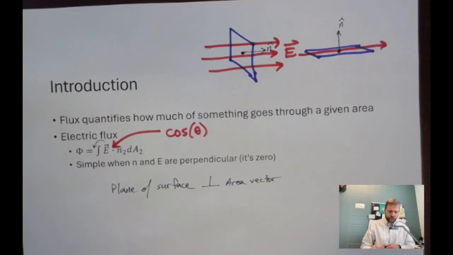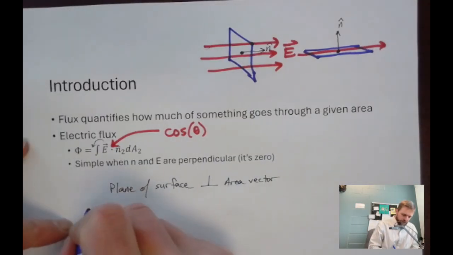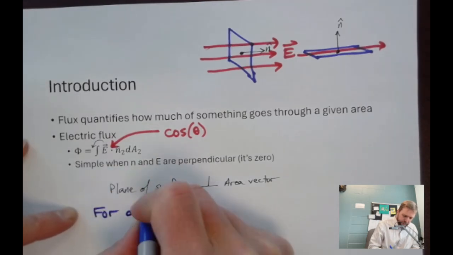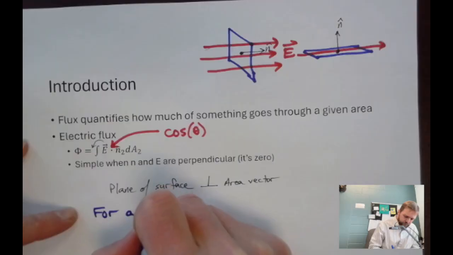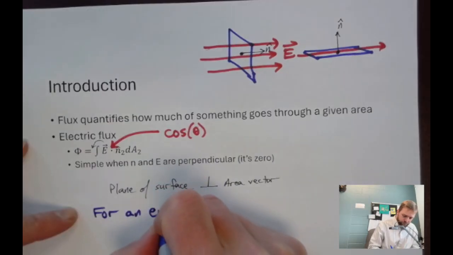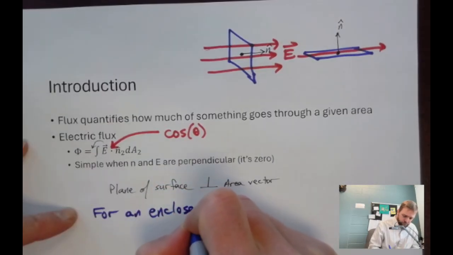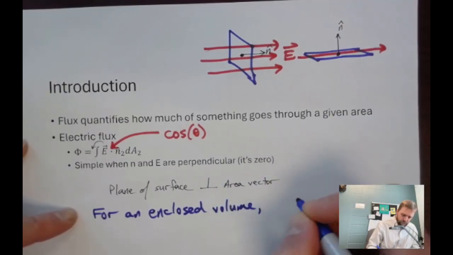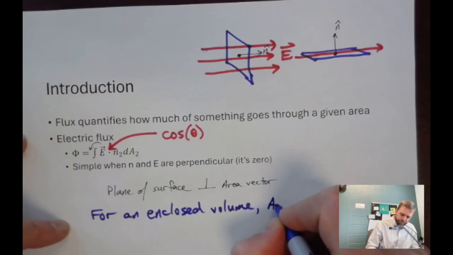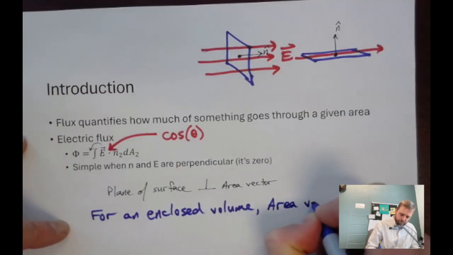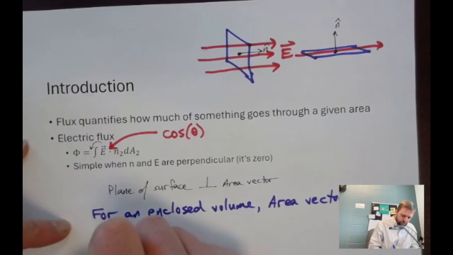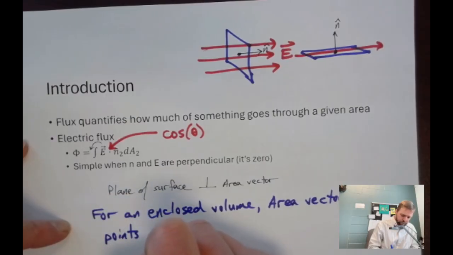Another convention that you need to be familiar with is that for an enclosed surface, an enclosed volume, the area vector always points outward.